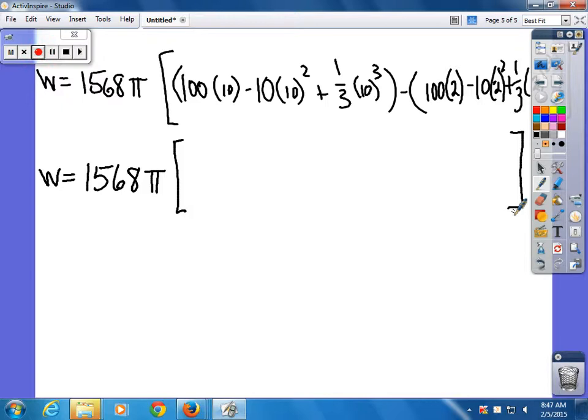All right, 100 times 10 is what? 1,000 minus, well, what's this? 10. So that's 100 times 10, which is 1,000, plus 1,000 over 3, which is 333, blah, blah, blah, but I'm just going to put 1,000 over 3.